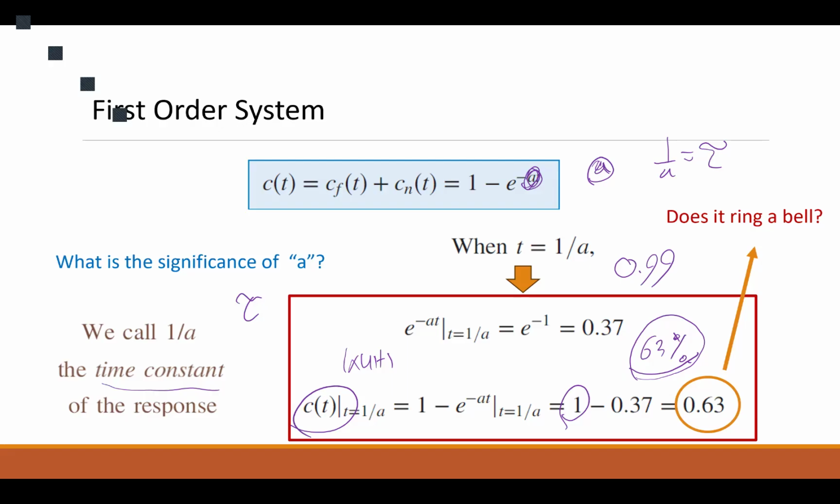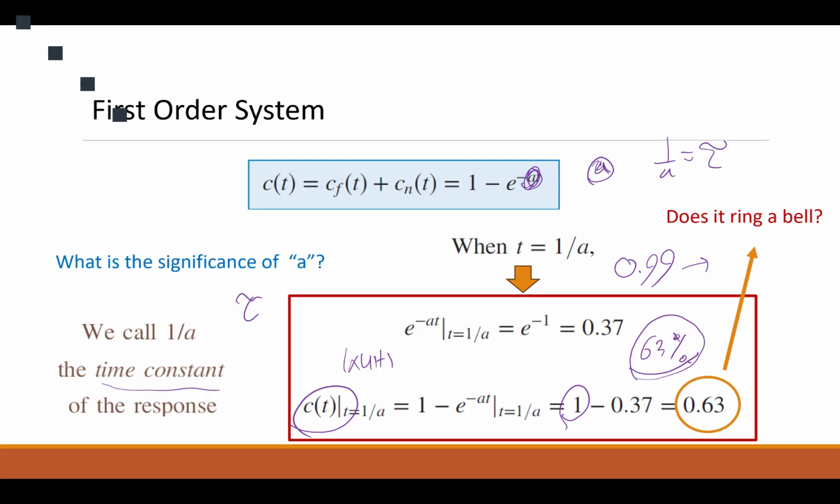We are never going to reach the final value, that 1, because we don't get to reach time infinity when the exponential becomes 0. In practice, we consider any time after 5 tau close enough, so that's going to be our steady state.